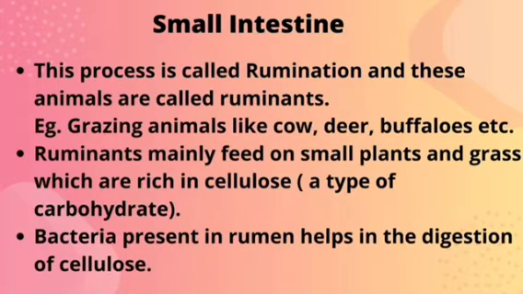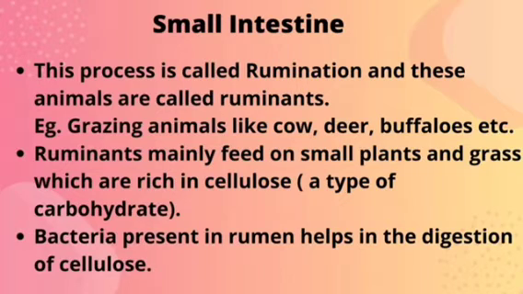The other animals do not have this bacteria, which means only ruminants are able to digest cellulose, which is a carbohydrate. Other animals, including human beings, cannot digest cellulose. It will be thrown out of the body as undigested food.